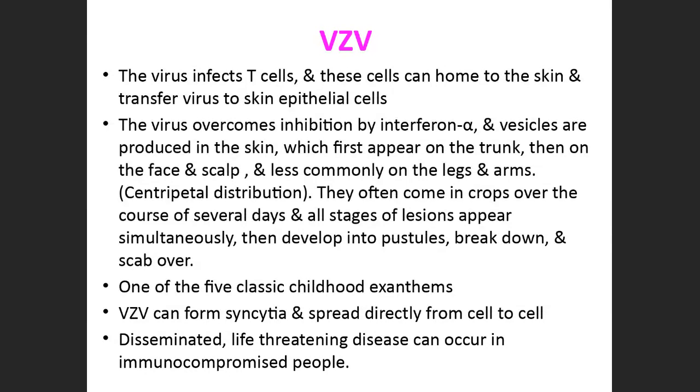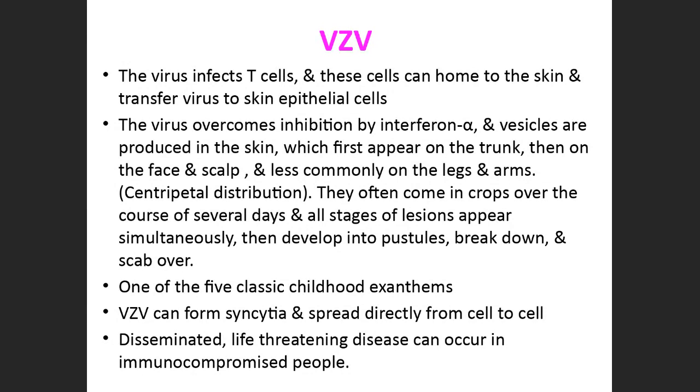The virus somehow escapes the interferon alpha, and vesicles are produced in the skin. The lesions look like fluid filled vesicles, and then they appear first on the trunk, then on the face, on the scalp, and then less commonly followed by legs and arms.